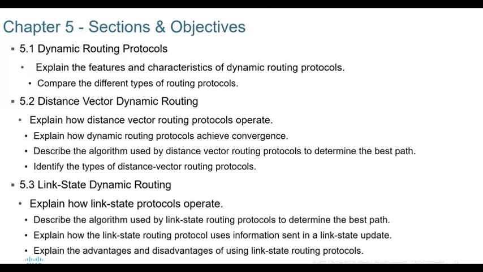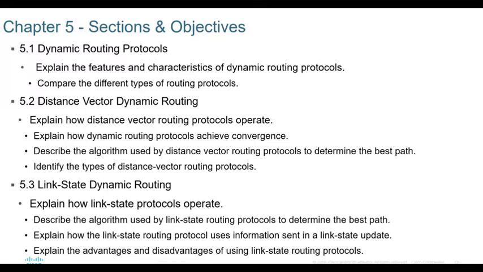In addition, aside from the distance vector dynamic routing, we're gonna take a closer look also at the link state dynamic routing. Okay, under link state, we're going to explain how it works. We're going to identify also the algorithm used by this type of routing protocol to determine the best path, same with distance vector dynamic routing.